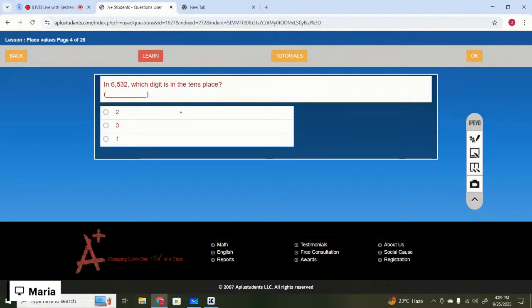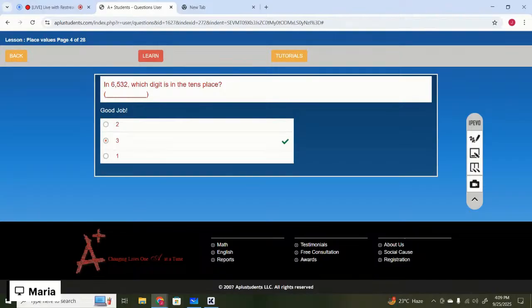Three is at the tens place. Very good. Option number two is the correct option. You can make the place value chart and keep them in your mind.